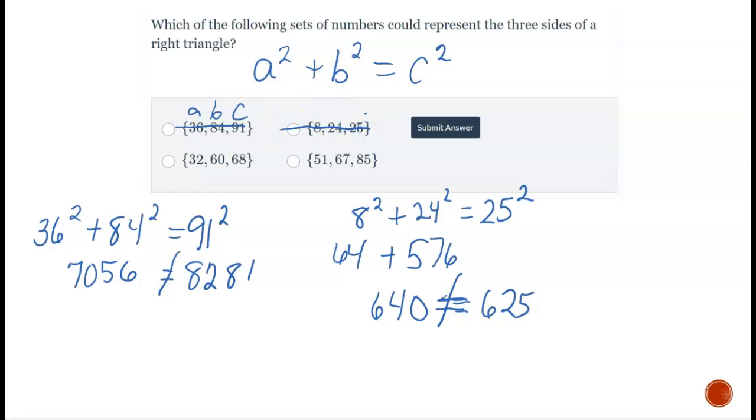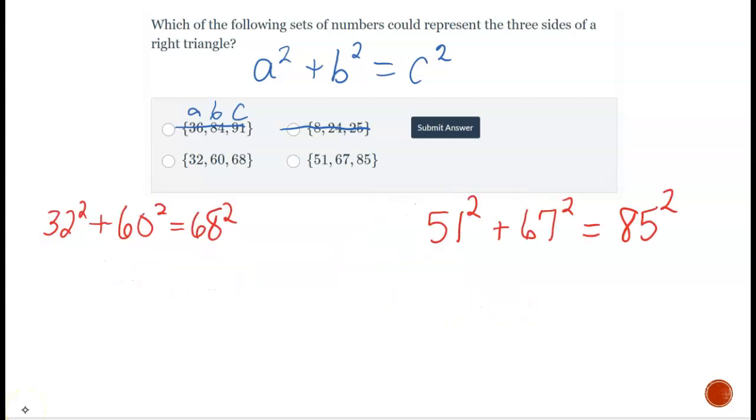Go ahead and pause and show your work for the other two sets of numbers to see if you can figure out if these sets do create a right triangle. Okay, first thing I'm going to look at: did you set the problems up? Short plus short equals the longer one. So I test those out. Then I use my exponents and I come up with 32 squared is 1,024, 60 squared is 3,600, and 68 squared is 4,624.